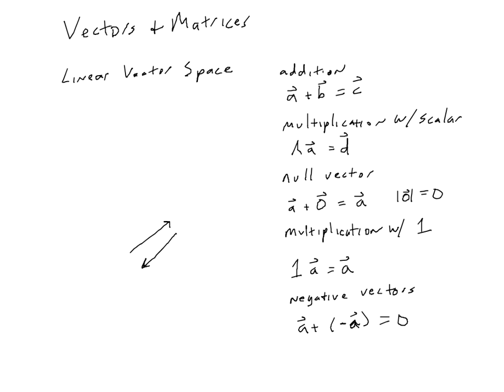So this is the negative like that. When we talk about vectors, we're really talking about this space of mathematical objects that have these properties, and all of them are closed under those operations. We're not necessarily limiting ourselves to a certain number of dimensions or anything like that.